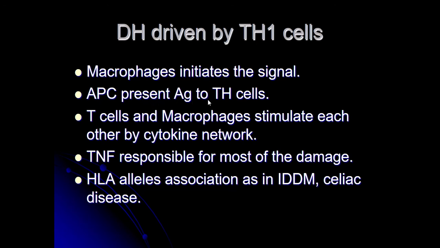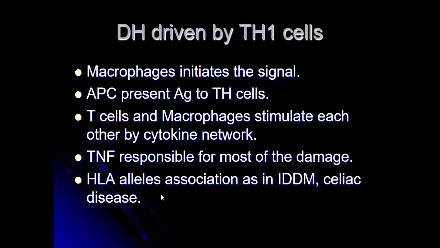They present the antigen to the T helper cells, and then the T cells and the macrophages stimulate each other by the cytokine network. Tumor necrosis factor is the key cytokine involved, responsible for most of the damage. And if you get rid of the tumor necrosis factor from the beginning, then a dramatic improvement is going to take place. What about genetic factors?